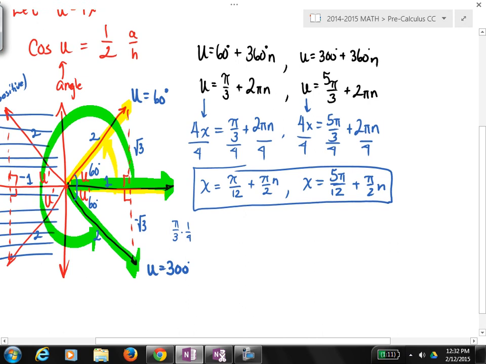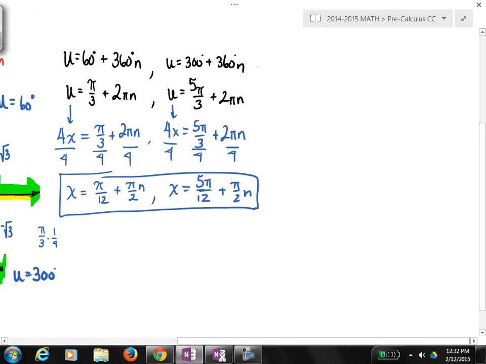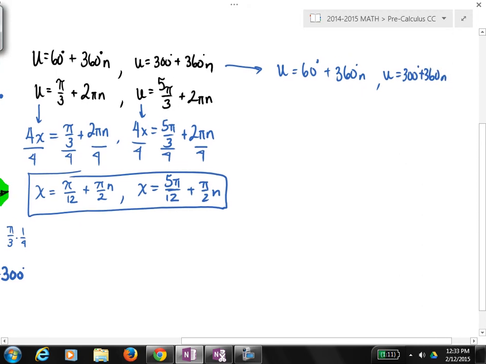So what I would suggest is, once you have them in degree mode, solve for them the same way that we did, but in degrees, because usually degree mode is a lot easier to work with than radian mode.